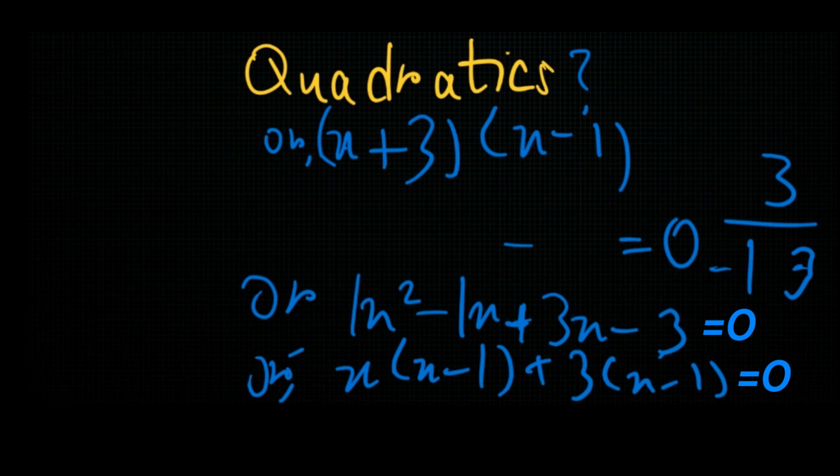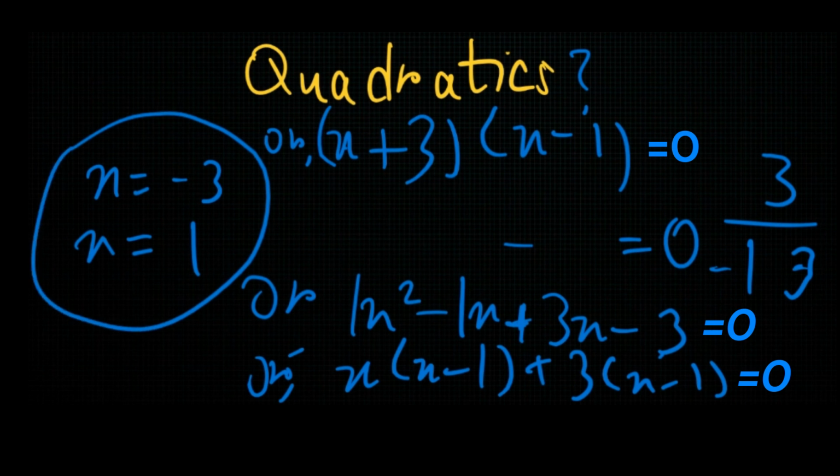Now, if you multiply them, you can get the original equation, x squared plus 2x minus 3. But we won't do that because we've already got the answer: if you take 3 to the other side, it will be x equals negative 3. Taking negative 1 to the other side, it will be x equals positive 1. This is our answer.